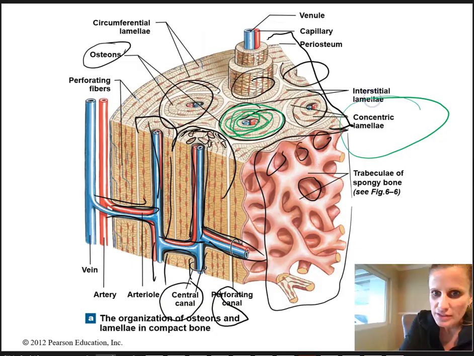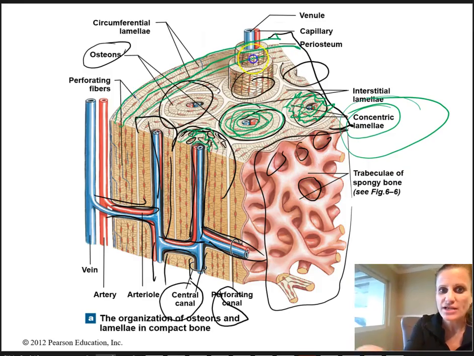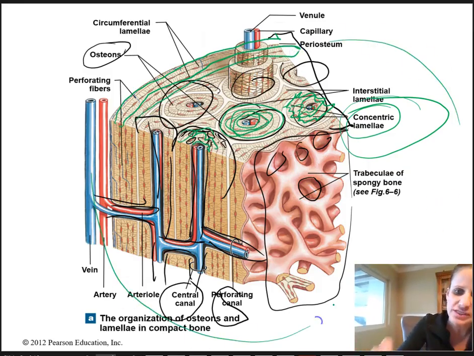These layers of matrix that radiate out in circles, those are called concentric lamella. So the osteons have concentric lamella. You'll notice around the very outside of the bone, there are layers of cells and matrix that go around the whole bone tissue.